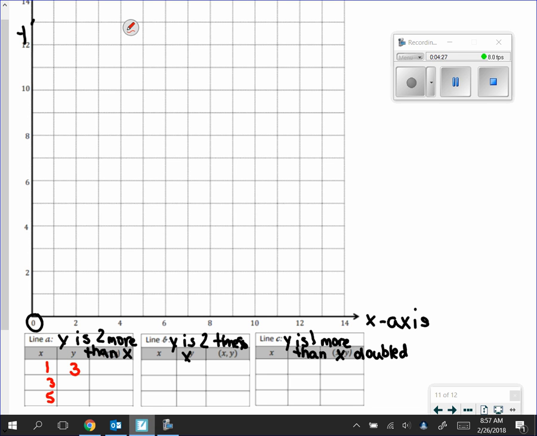You're like, oh, okay, that's not that bad. What is 2 more than 3? Not 6, that's 2 times. 2 more. So Y would be 5 here. What is 2 more than 5? 7. So here my coordinate pairs would be 1, 3; 3, 5; 5, 7.